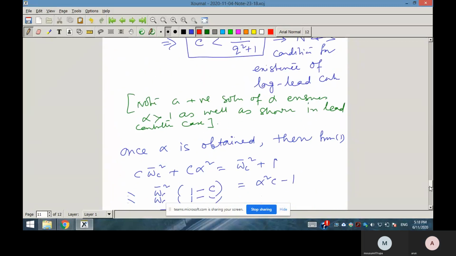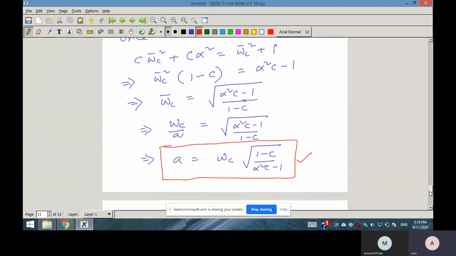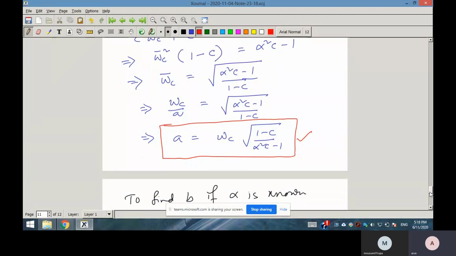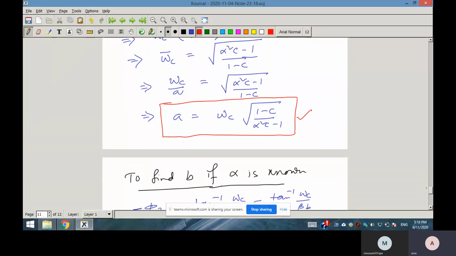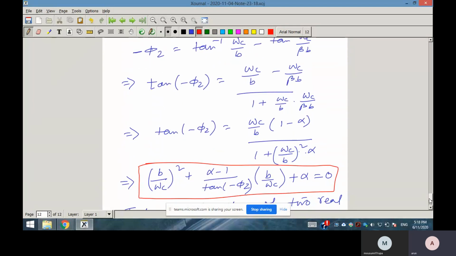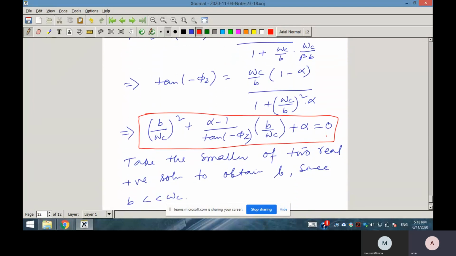Once you get the solution for alpha, the parameter a you will get from this equation, and finally the parameter b of the lag part you will get from this one, and beta you will set as beta equal to 1 by alpha.